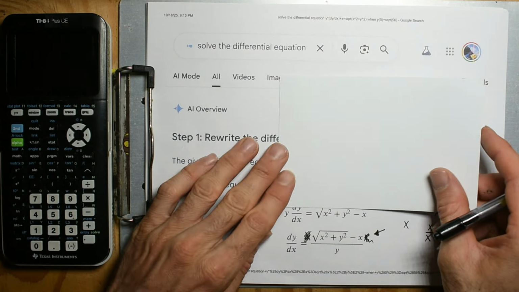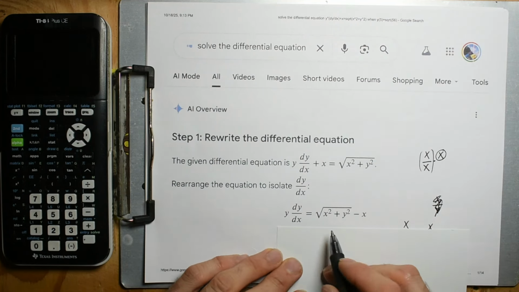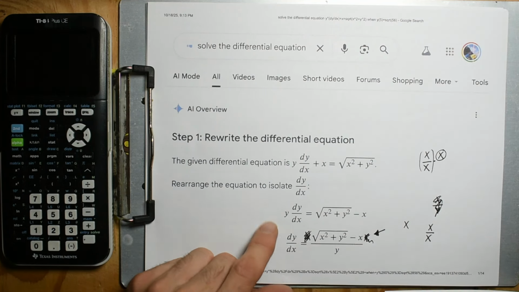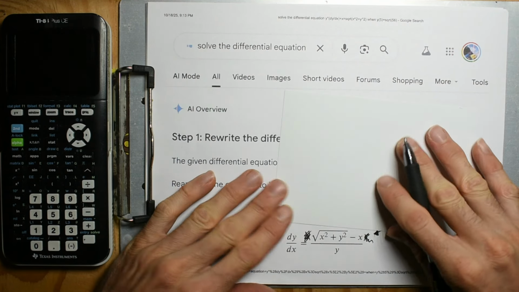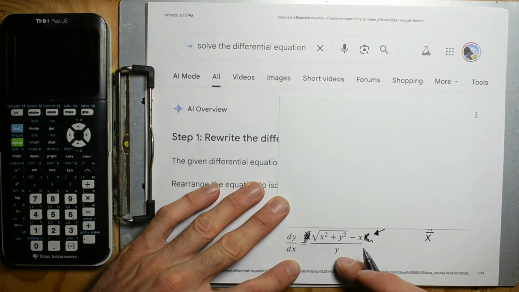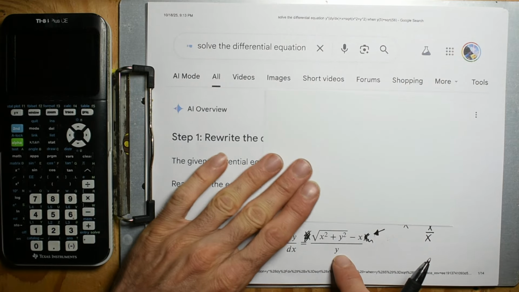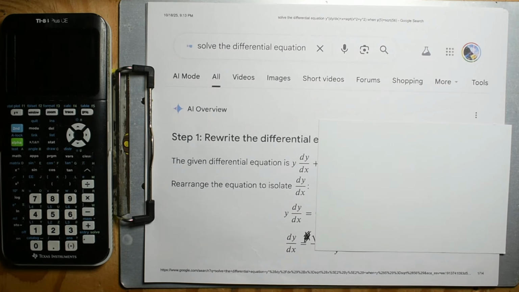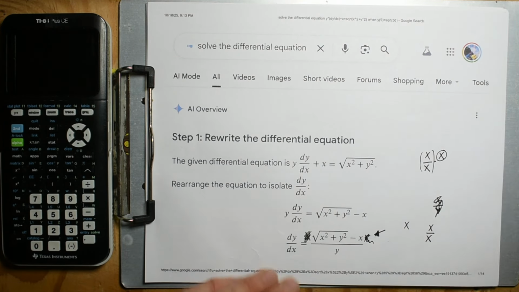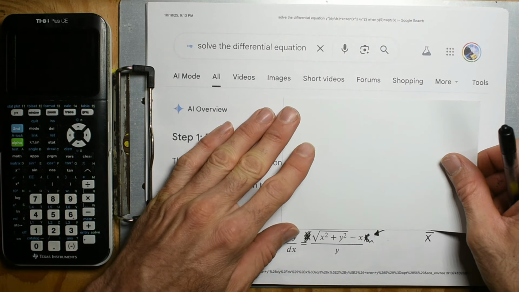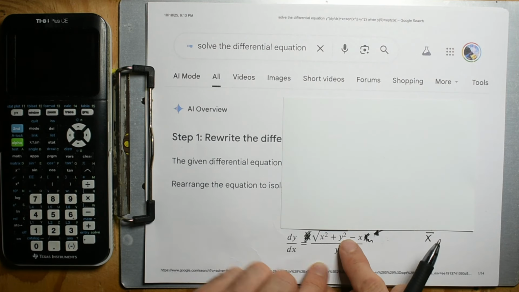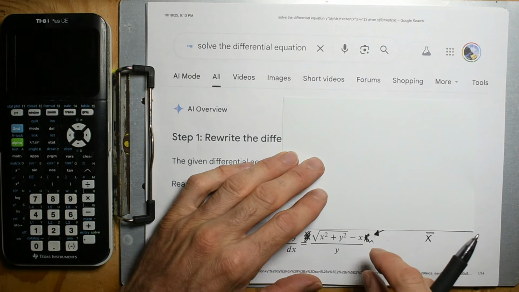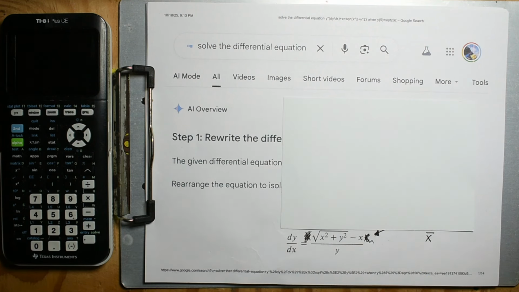We'll see. So if I have this equation, what am I going to do? Okay, so they're taking these, and it's like two steps in one.